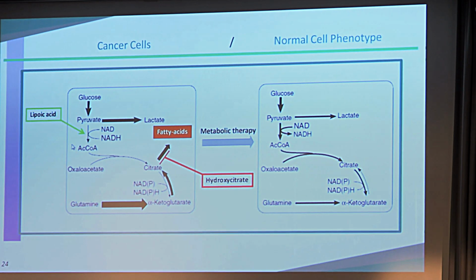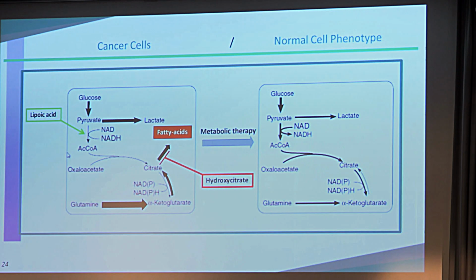What these drugs do, lipoic acid opens up the mitochondria. As it opens up the mitochondria, the cell can breathe again, and the hydroxycitrate decreases the exit of citrate. We think, but we have not measured, that it decreases the input of glutamine. That's not something we do know, but it's a real possibility.